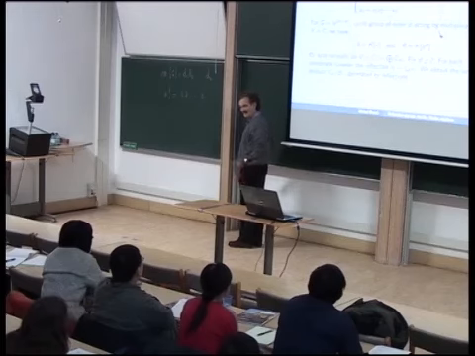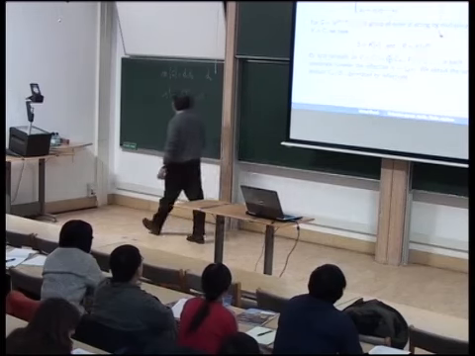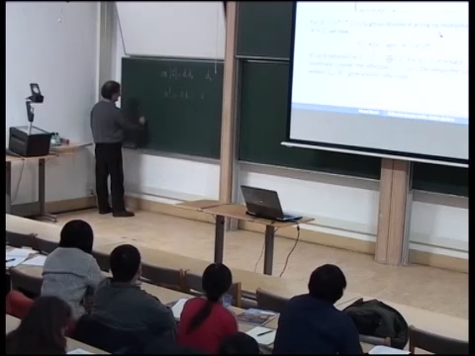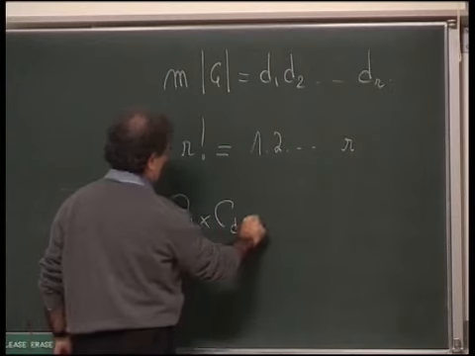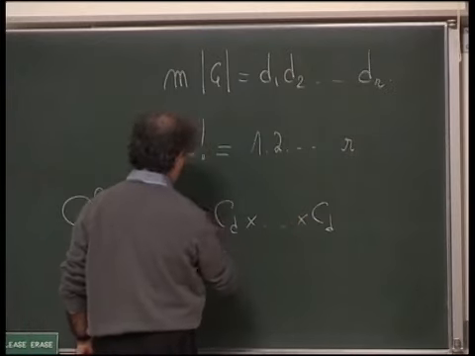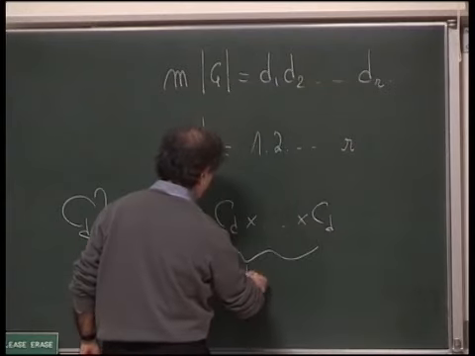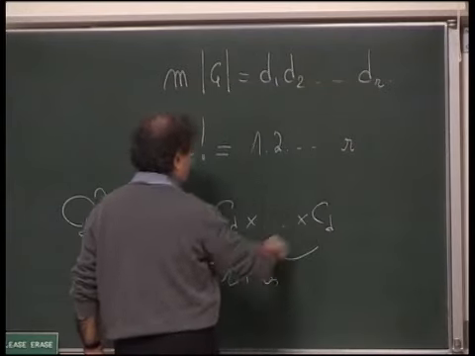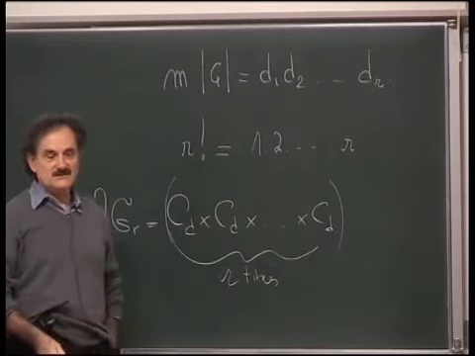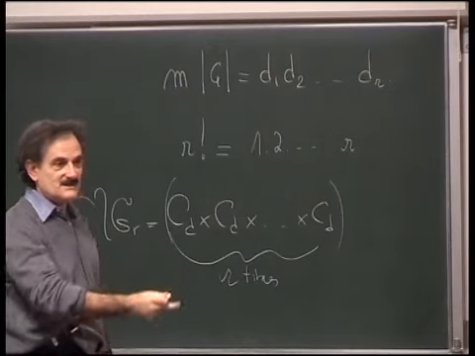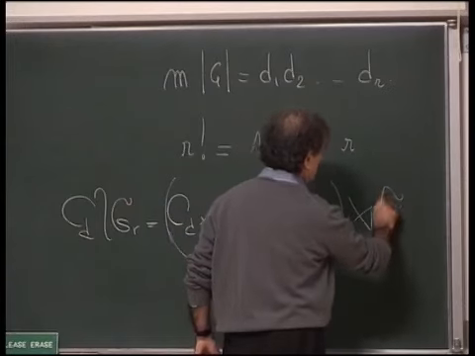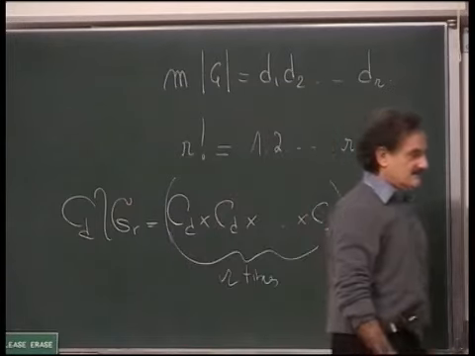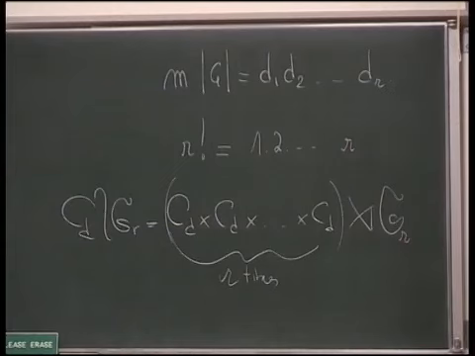So the wreath product is, by definition, C_D cross C_D cross C_D, R times. And since you have a group repeated R times, the symmetric group S_R acts on it by permutation, and you can build up the semi-direct product. I'm not asking who doesn't know what the semi-direct product is.